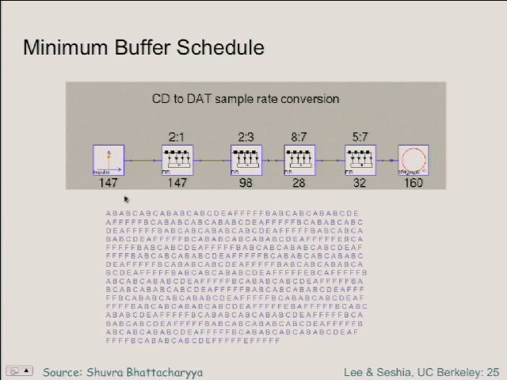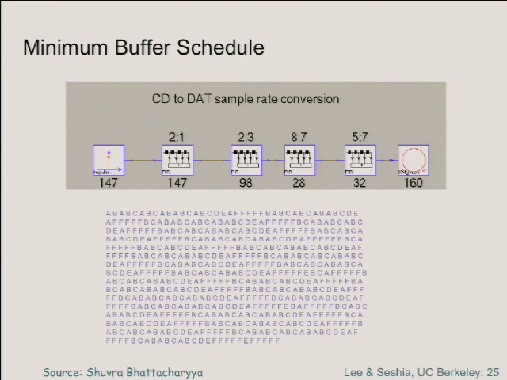And in fact, Tom collaborated with two other students of mine, Shuvra Bhattacharya and Jose Pino, and did a complete study of this and looked at what the trade-offs were between schedule size and data size. The minimum buffer schedule turns out to require a very expensive implementation because the schedule is so complex.